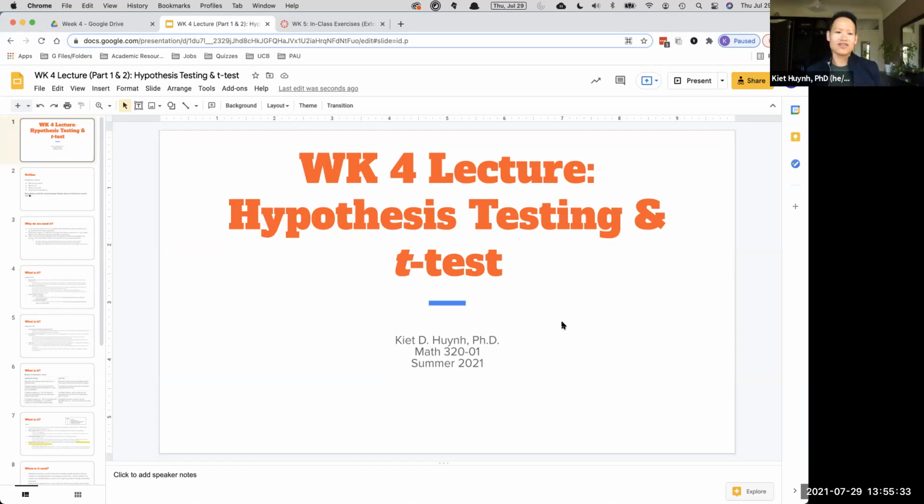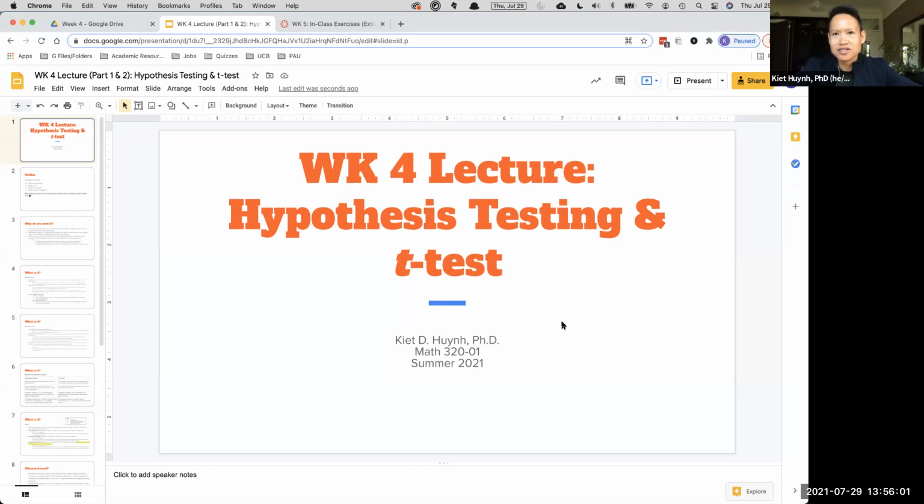This is actually kind of a hard lecture for me to make. It took a while just because there's a lot of information when it comes to running one of the statistical tests, like the t-test. The information can be separated into the conceptual information, like what you need to know about what the t-test is and how to use it and when to use it and when not to use it.